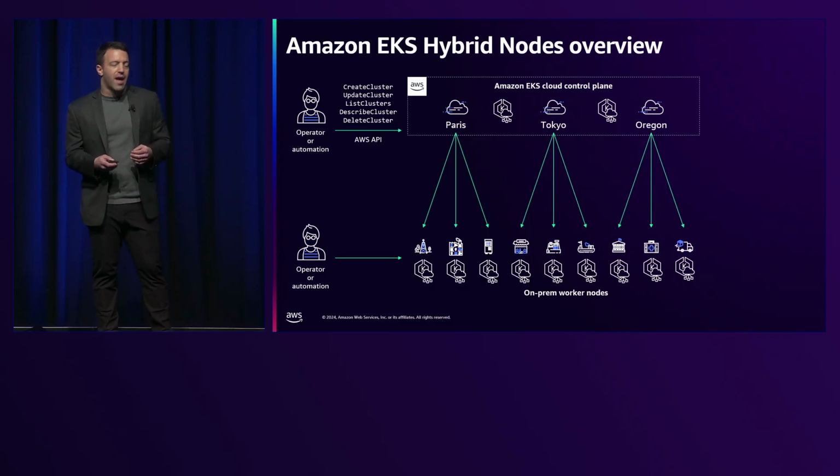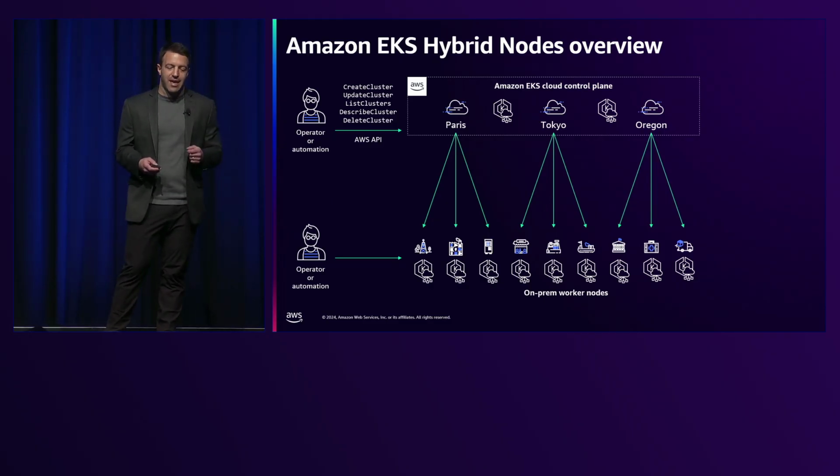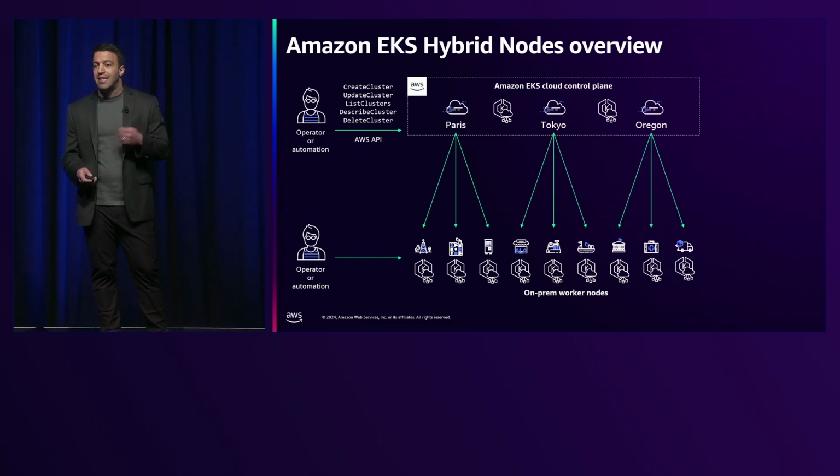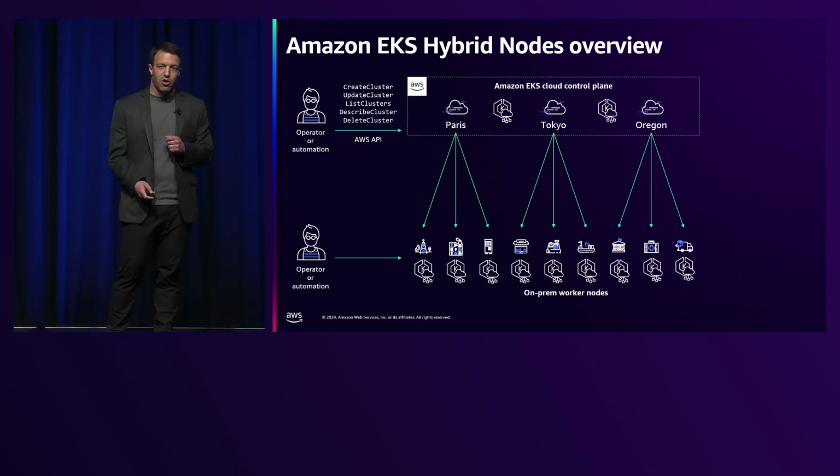So to enable your on-prem and edge devices to connect to the EKS control plane in the cloud, we've adapted the tooling that we use to initialize the EKS optimized Amazon Linux AMIs so as to accommodate the connection of nodes running on customer-managed hardware to the EKS control plane.